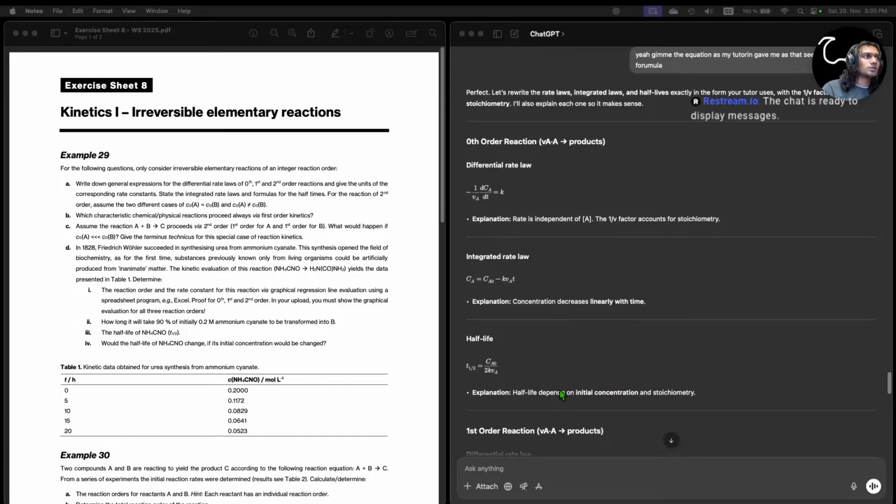Integrated rate law equals C. Concentration decreases. The reaction rate is independent of A.